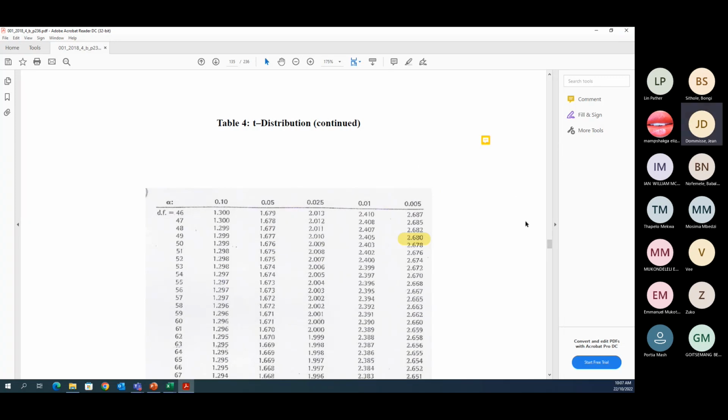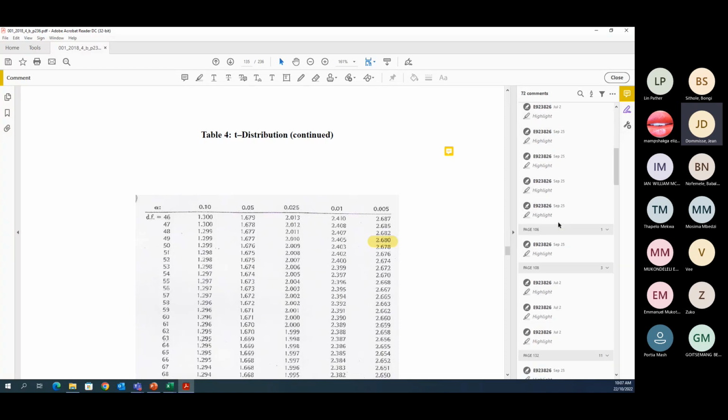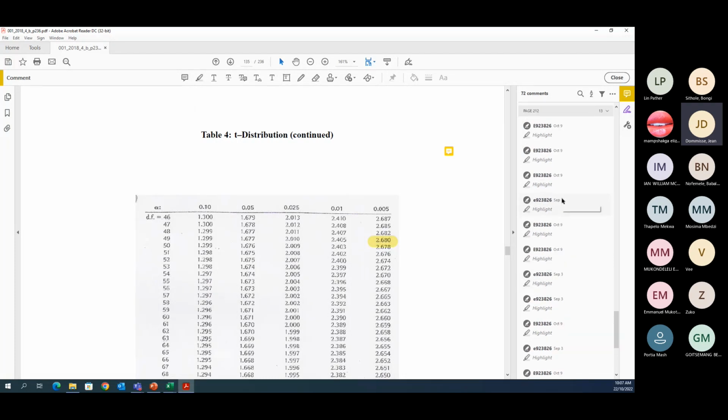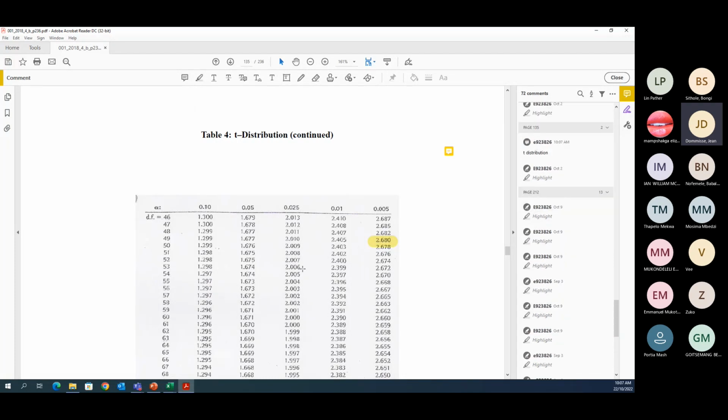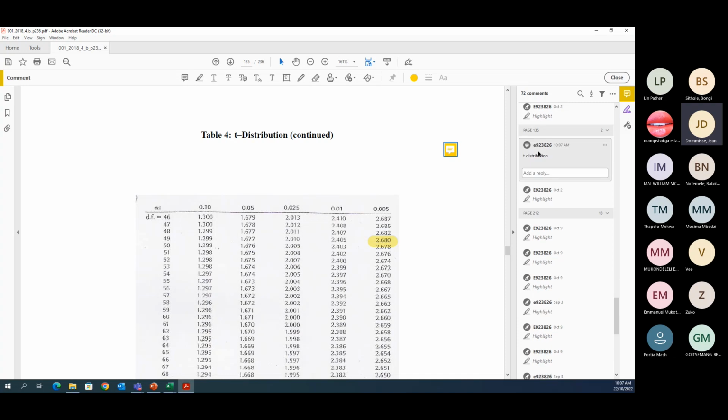You can now see all the things that I have highlighted here, but when you only have a few, or you have a lot of comments that you have made, you can see where things are highlighted or there is a text message, so that you know, okay, there's my T distribution, one of those comments that I made.